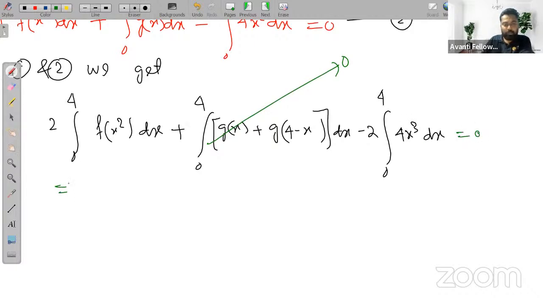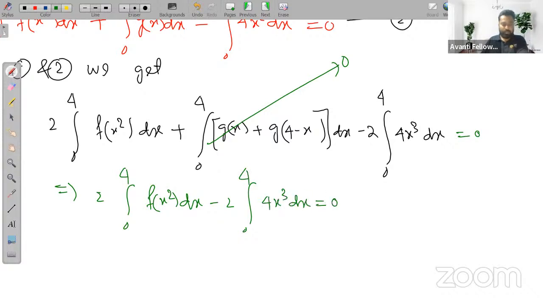So what do we have finally? We have 2 into 0 to 4 f of x square dx minus 2 into 0 to 4 4x cube dx is equal to 0. Clear? Okay.